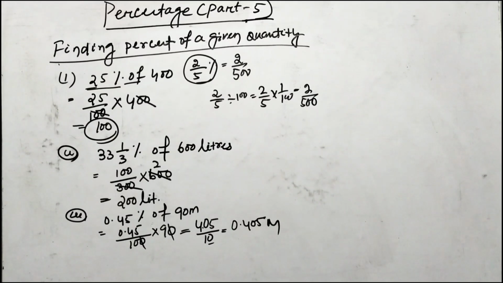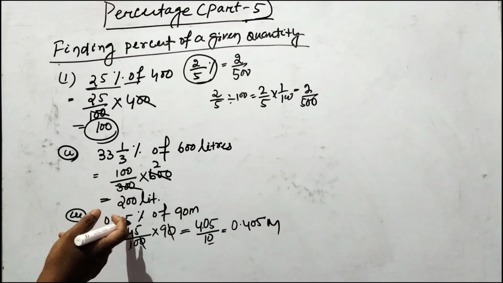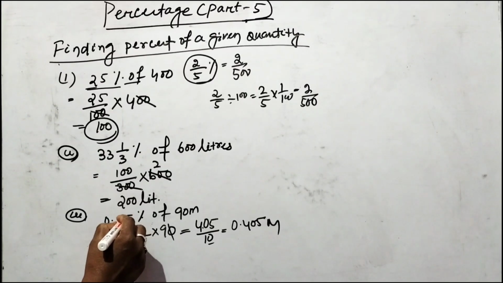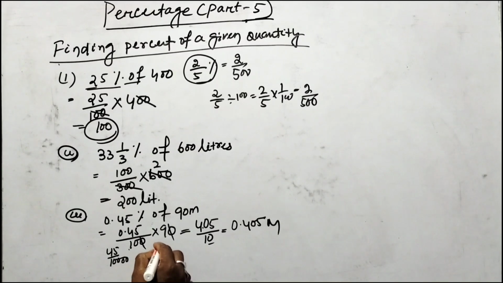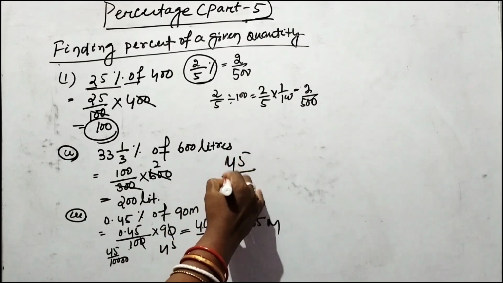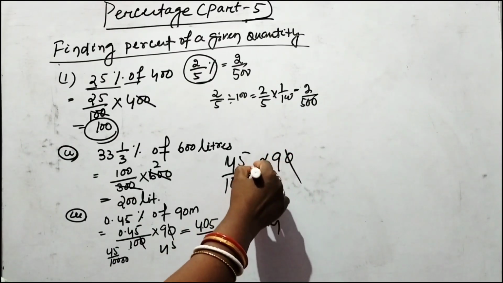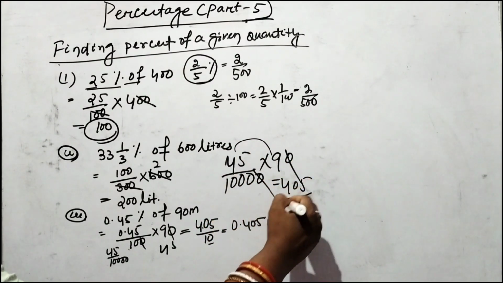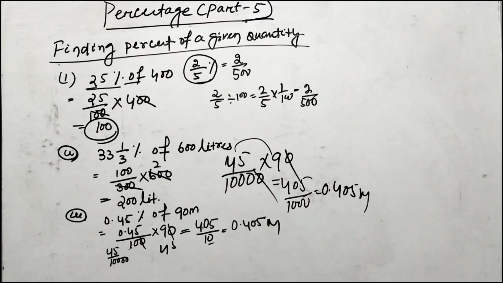Or otherwise, there is another process: 0.45 percentage means 45 by 100 percentage, so here two more zeros are added, that means 45 by 10,000 into 90. You just cancel the zeros. Then 45 into 9 is equal to 405 by 1000. Then when you write it, it is 0.405 meter. This is one way.